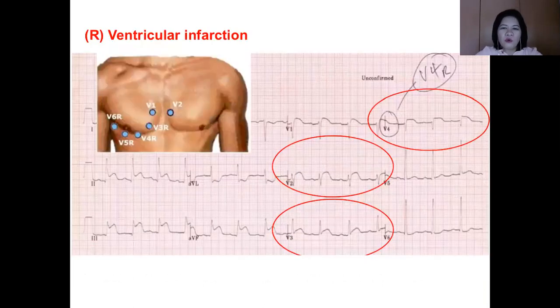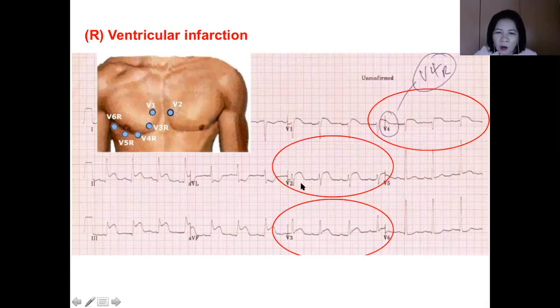Now, in inferior wall myocardial infarction, you have to request for right-sided chest leads. Okay, so these are the right-sided chest leads, V3R and V4R. What they did is V1 was placed on the other side and V2 was placed on the right side.